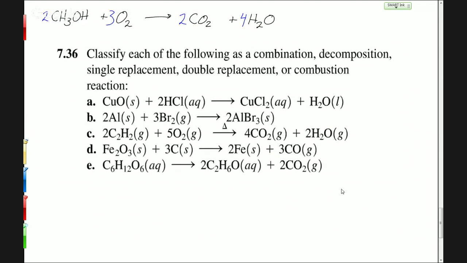I want you to look at each of these and classify them as one or the other. If you don't have notes from last time, you can pull them up on your phone from Blackboard or take a look in the book. The categories are also there. See what you come up with.